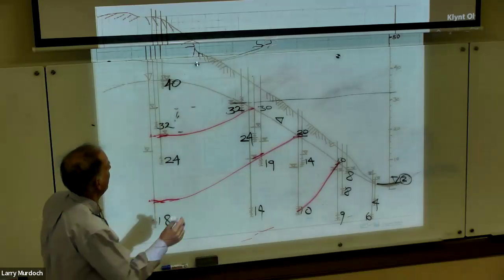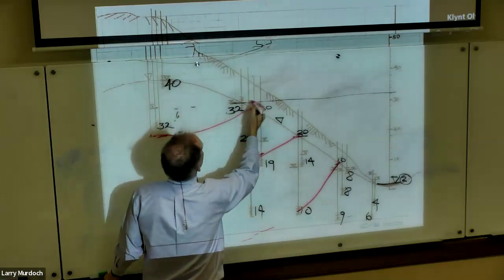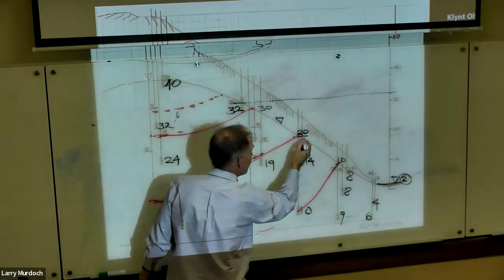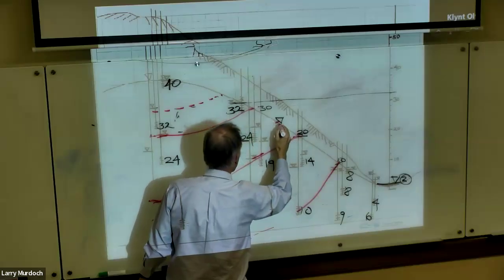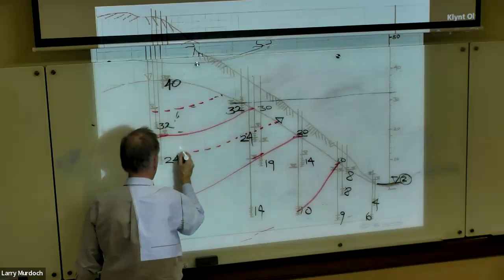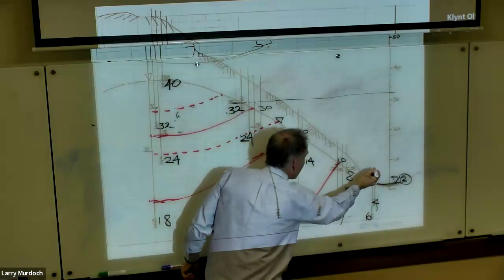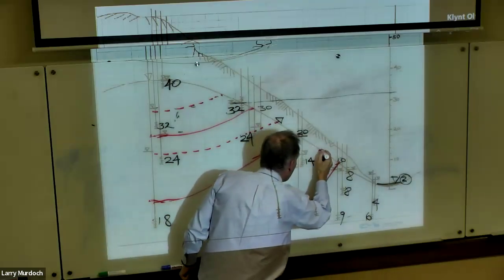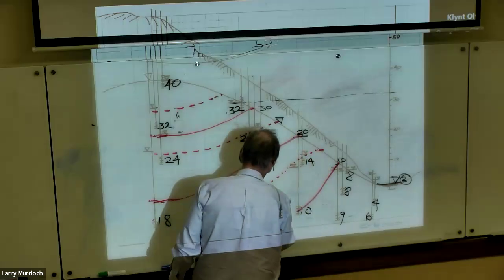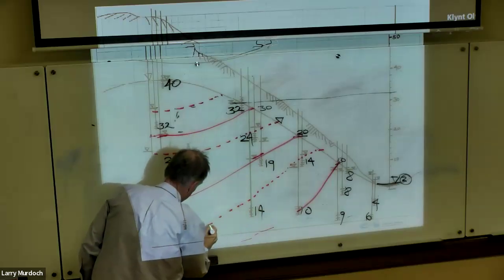But let's put in the intermediate ones every 5. So 35 is going to start here. That 25 would start right here and would go above 24. There's another 24. So there's 25. 15 is starting right there, going above 14 and closer to 14 and 19.